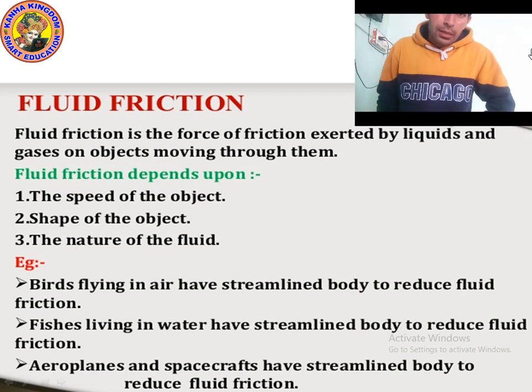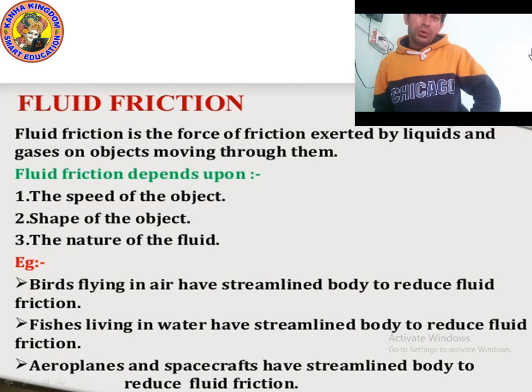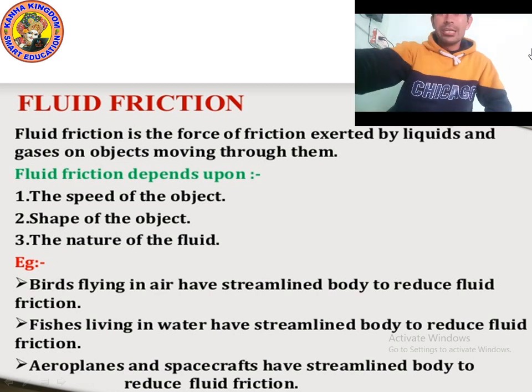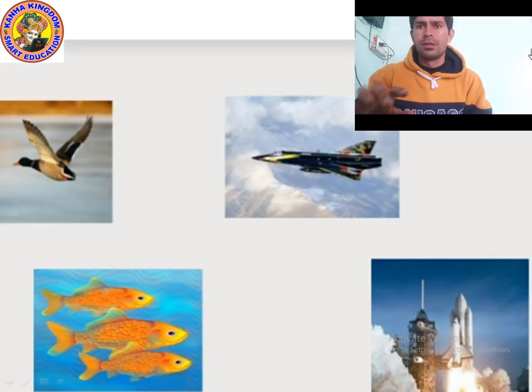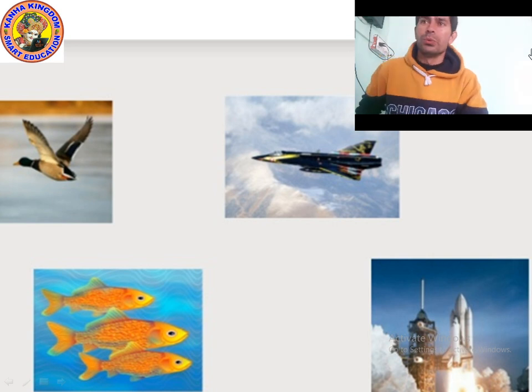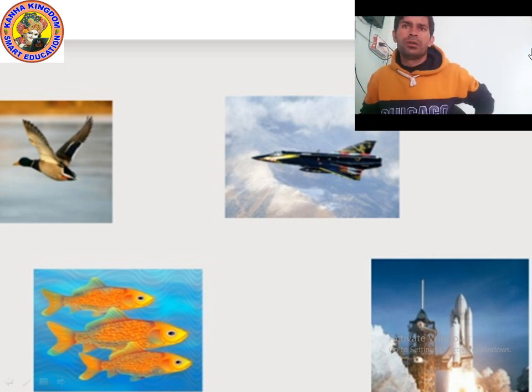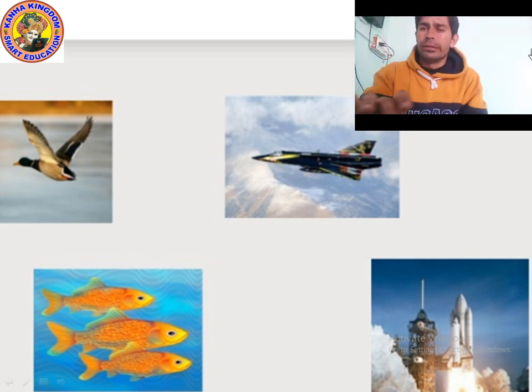Let's try to understand it more with some pictures. Let's move on to the next point. Okay, look at the picture of a bird and an aeroplane. Can you see the picture of the bird and aeroplane?